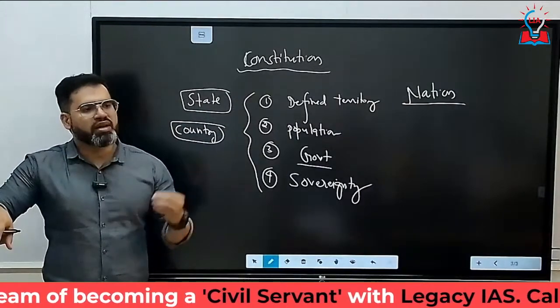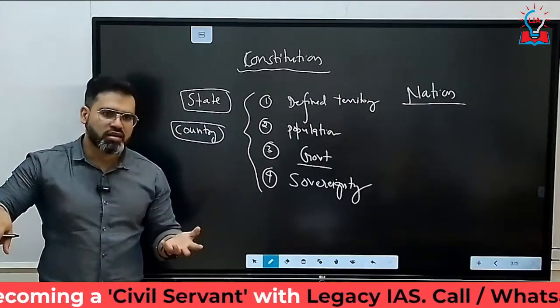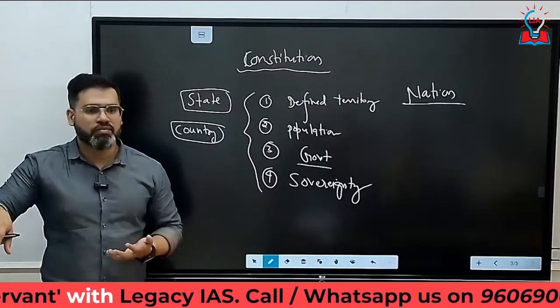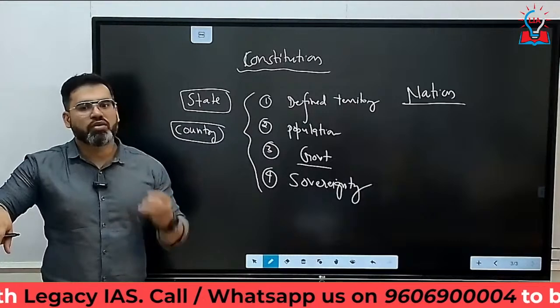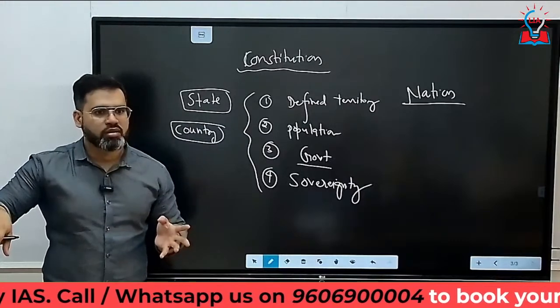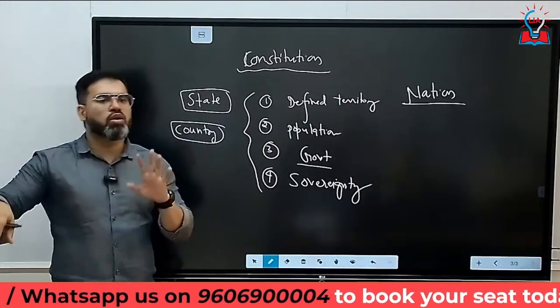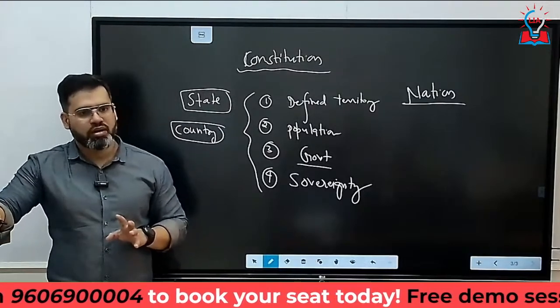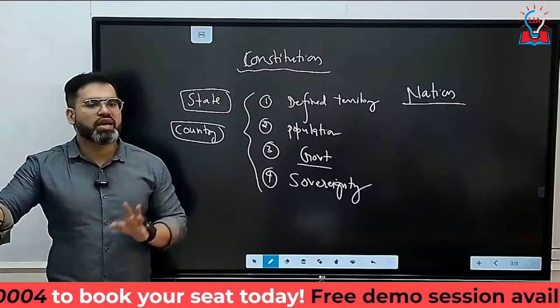India can make diplomatic relations with whatever countries it wants, correct or not? That is sovereignty. Sovereignty means freedom from the outside world. No other country can put pressure on you. You are not under pressure from any other country. That is sovereignty, correct? You are completely independent.